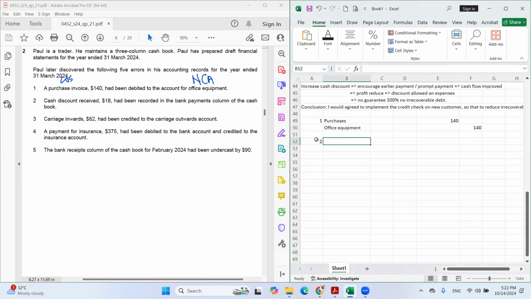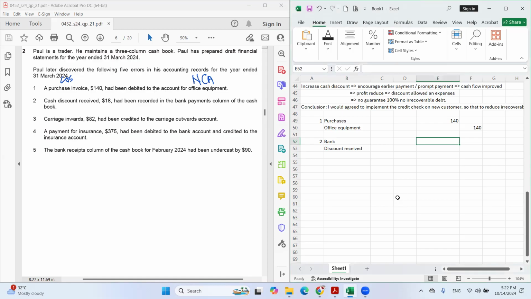Number 2 error. Cash discount received 18 has been recorded in the bank payment column of the cash book. So this discount received is on the credit side. We should not put it into the debit in the bank. So what we have to do is debit bank and credit discount received.